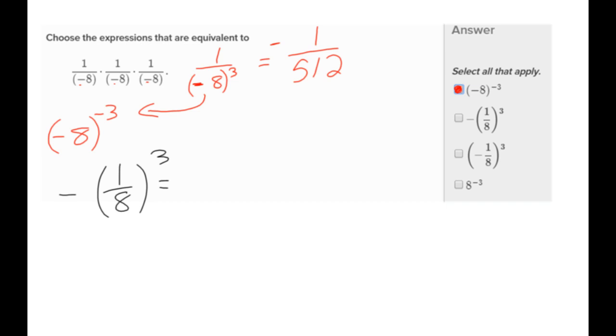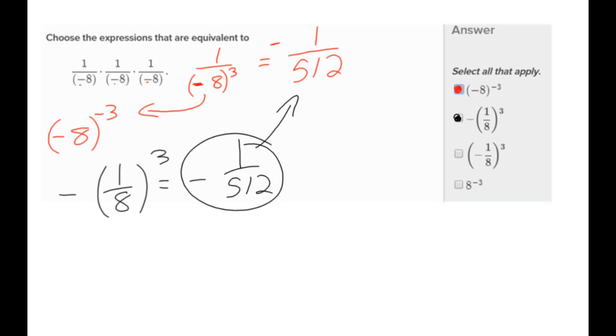That answer is going to be negative, and then 1/8 to the 3rd power is going to be 1 over 512. So this gives you that same result. It couldn't be rewritten in that form, but it does give you the same result. It asks which is it equivalent to. So yes, that would work.